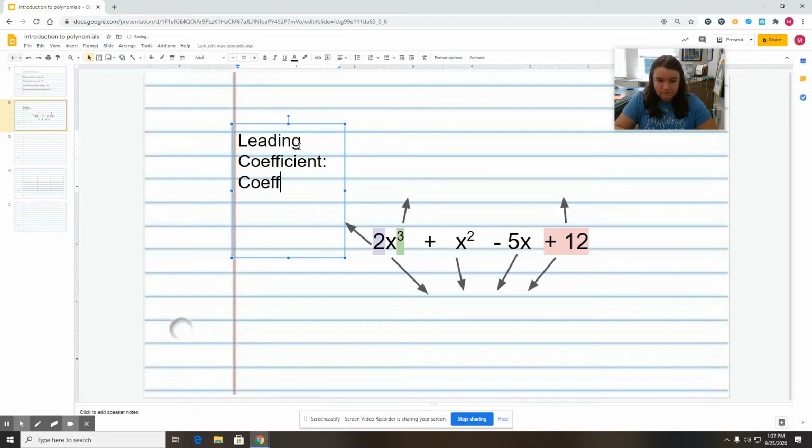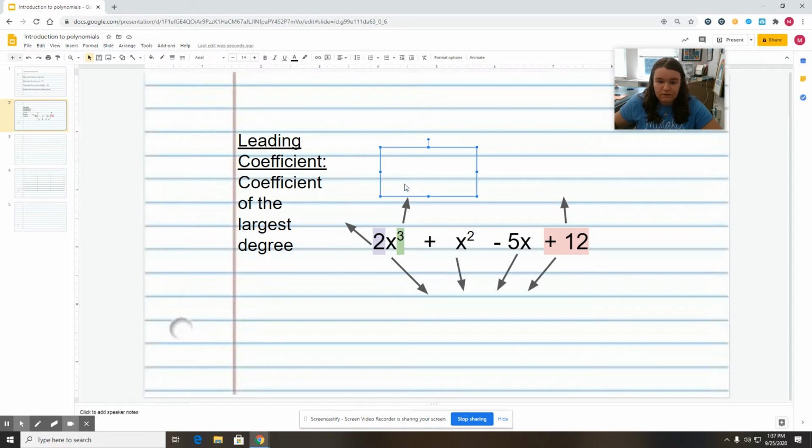And it is the coefficient of the largest degree. So the leading coefficient, that's our vocab word, is the coefficient of the largest degree. And you might wonder, what is the largest degree? Well, degree, so I would say this is a 3rd degree polynomial because 3 is my biggest exponent.